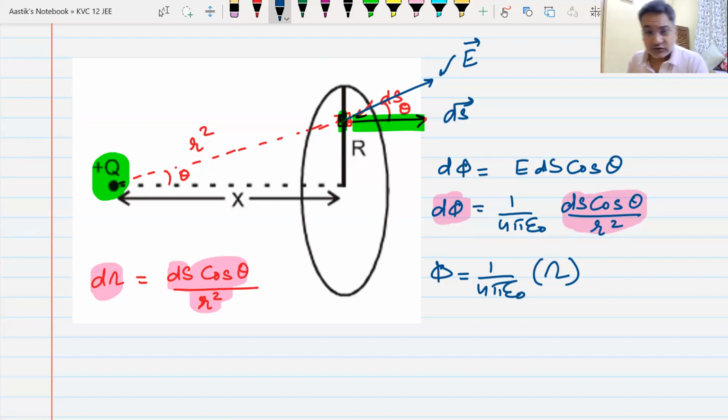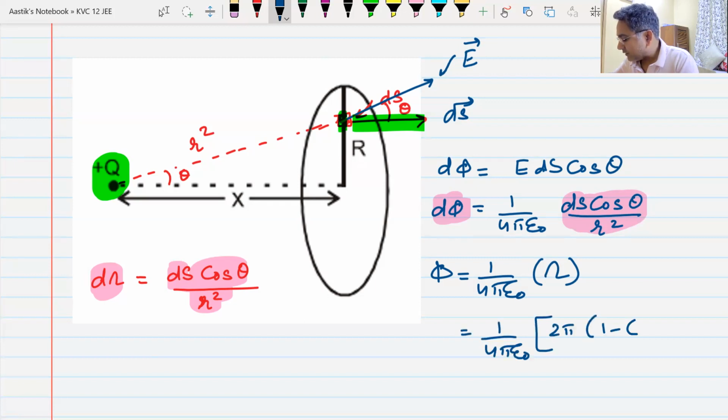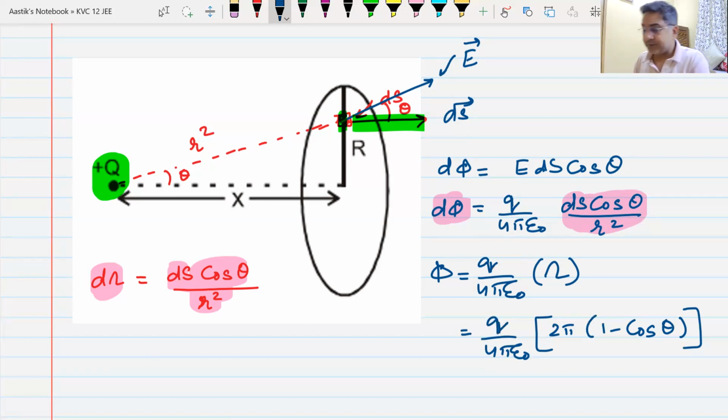So what is the flux through this disk due to this point charge? If you know the solid angle, the answer is very simple: 1 by 4 pi epsilon naught times the solid angle, which was 2 pi into (1 minus cos theta), with charge q.